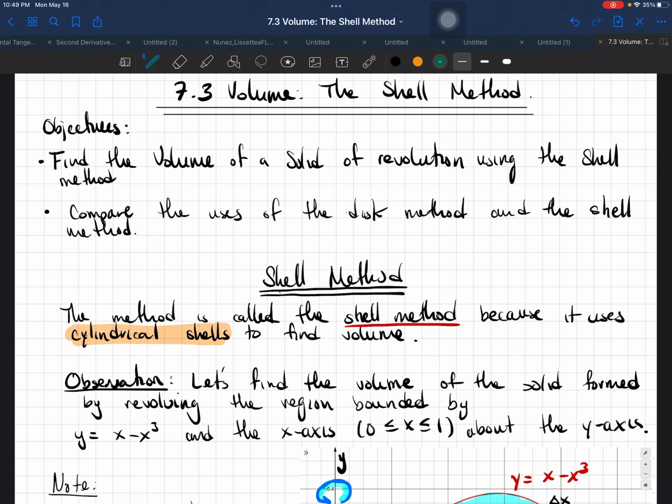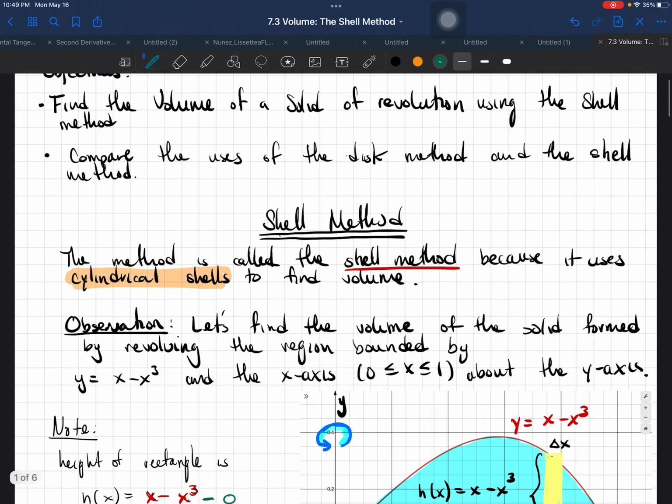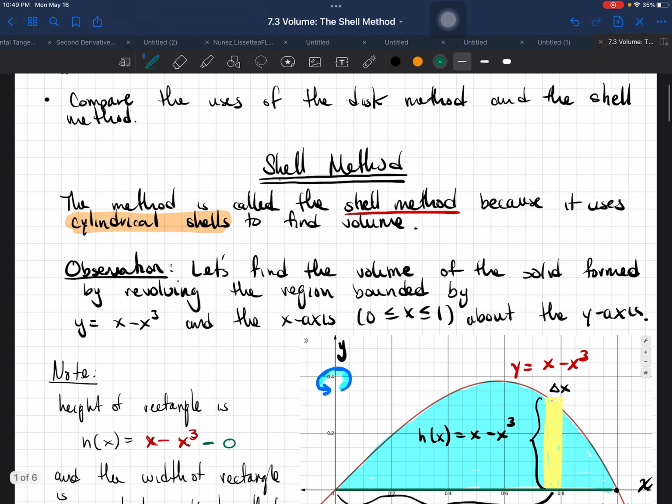So what is the shell method? If you want to think about it this way, in the disk method, we used a bunch of disks, and we added a million disks to find the volume. We broke down the solid into a bunch of disks, and then we were able to add all those disks and get the volume.